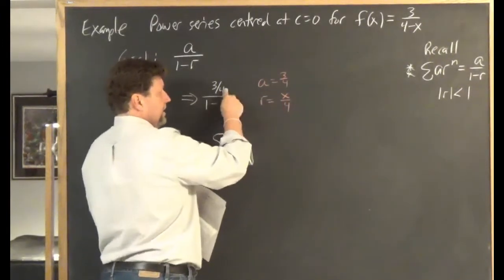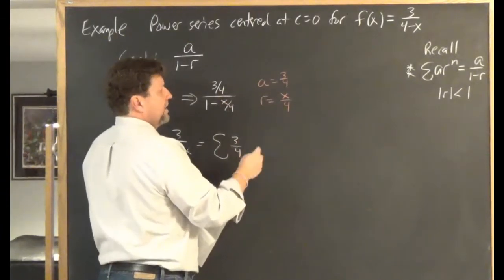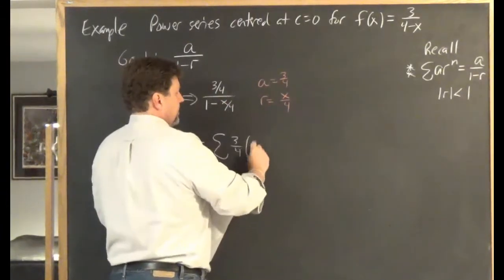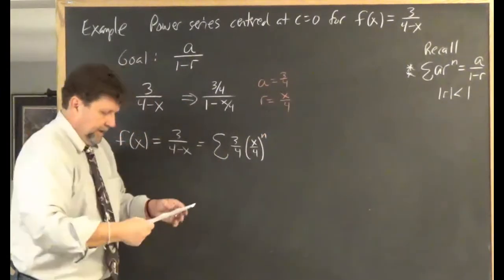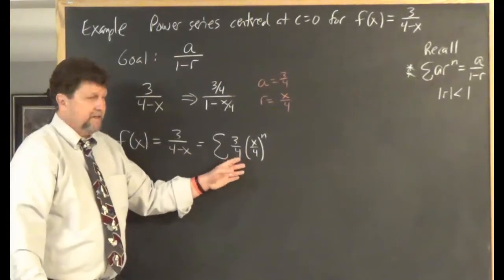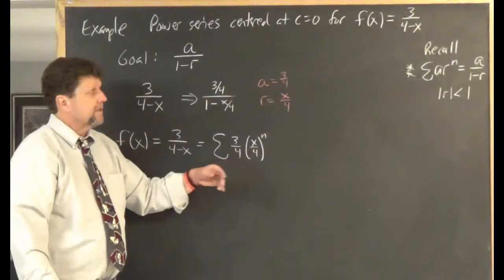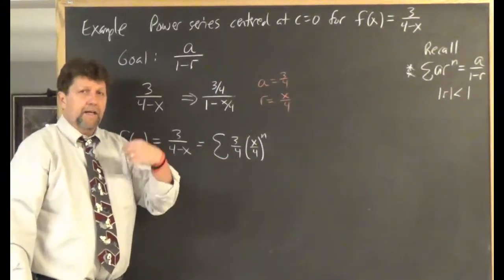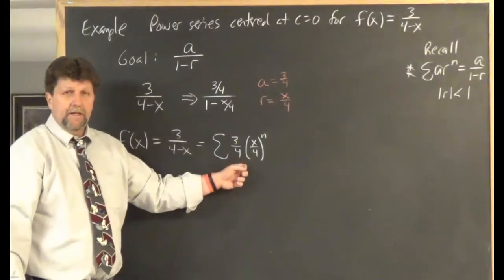A is 3/4, r to the n, so that's x over 4 to the n. Now I know that there are some people that could write this differently. I'm just going to leave it like this, because my next step is, well, that's great. I have the geometric series.